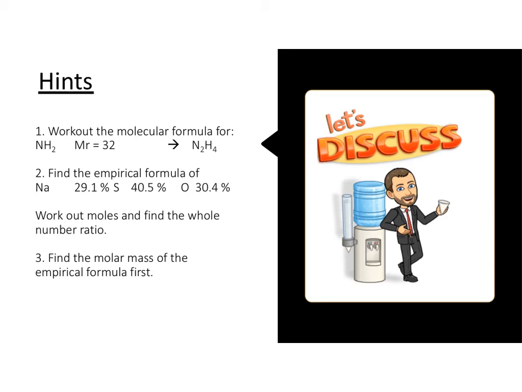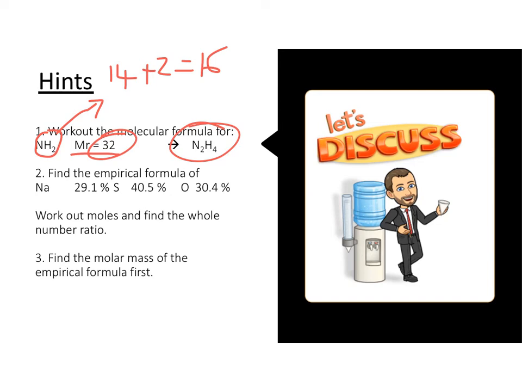So here's some hints for you. For the first one, we have been given NH2 as the empirical formula here, but they've told us the molar mass is 32. If you work out the molar mass of NH2, that's going to be 14 plus 2, which is 16, which is only half of 32, so we need to multiply the formula by 2.